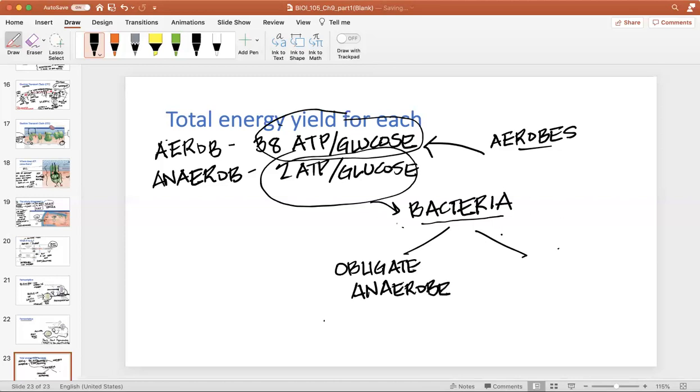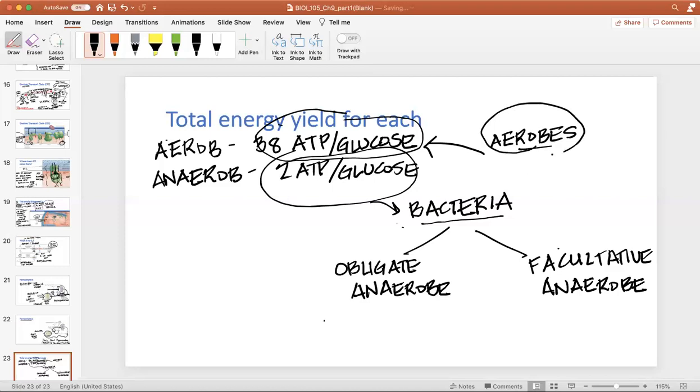If you're one that can sometimes do aerobic and sometimes do anaerobic, depending on what the situation requires, you are called a facultative anaerobe. Similarly, you can be an obligate aerobe, meaning you have to have oxygen in order to get sufficient energy.